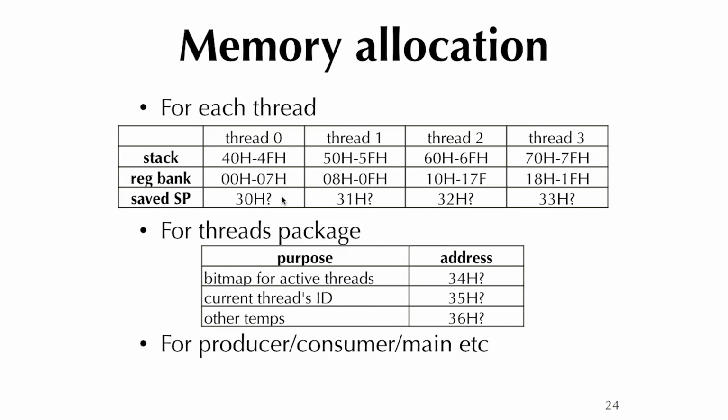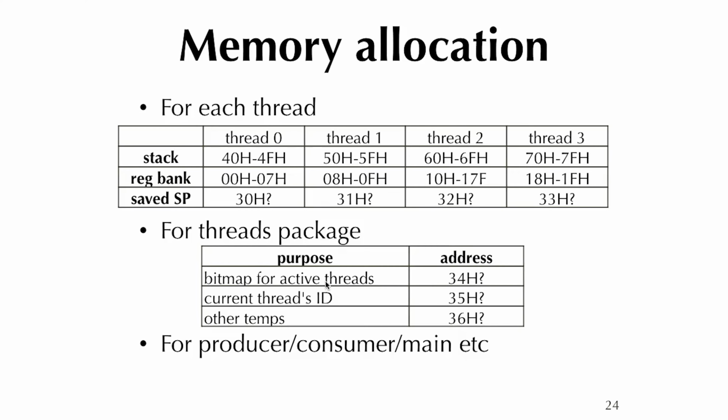That might be one way, so that you could save these 4 bytes. It's up to you what you want to do. But for now, I'm assuming the saved stack pointers are in a separate 4-byte array. Each SP is 1 byte.